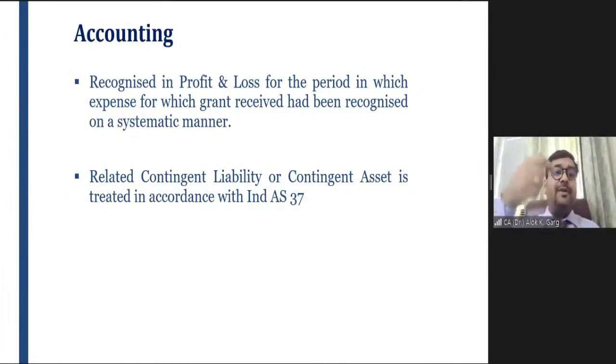If it is going to be recognized as a government grant, then the accounting will come into play. So now we have decided, yes, this item has to be recognized as a government grant. Now where to recognize? At what value is it going to be recognized? So once recognition happens, then accounting, when I say accounting, it includes measurement, and it includes presentation as well.